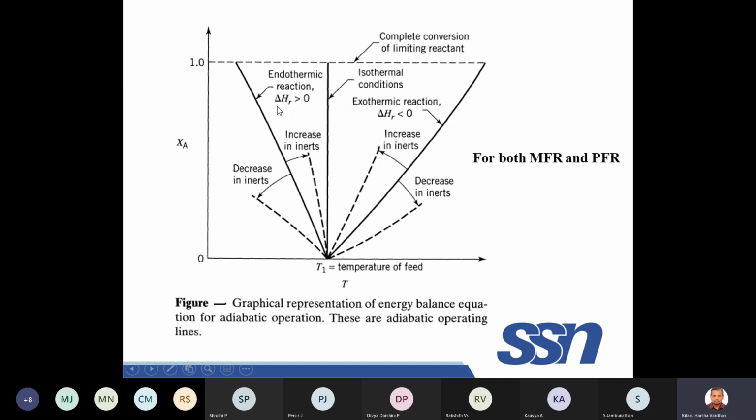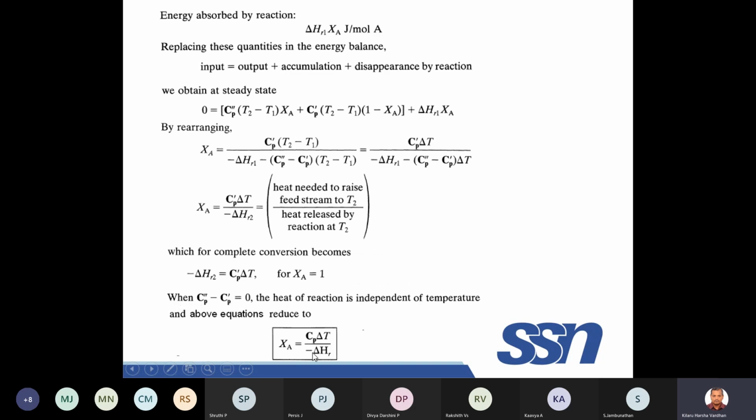Therefore, minus delta HR becomes negative, and the slope, Cp by delta HR, becomes negative. Therefore, if I draw a graph between XA versus T, you get a negative slope.